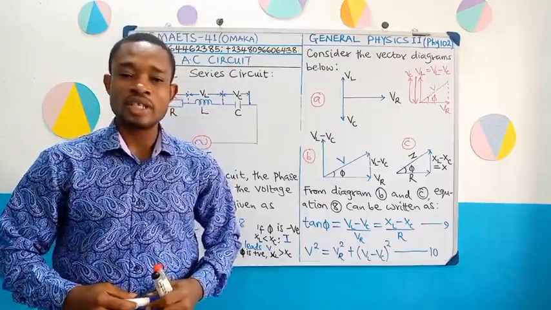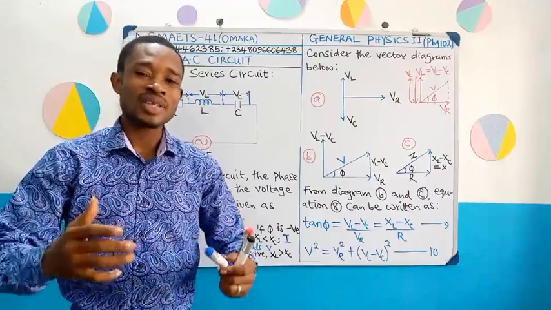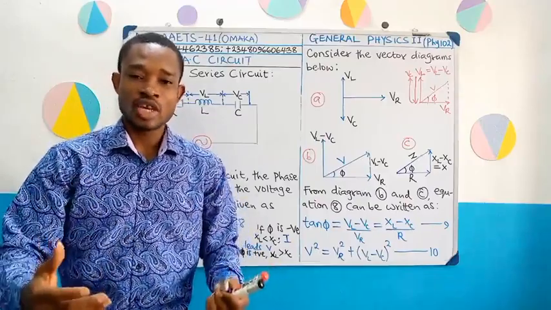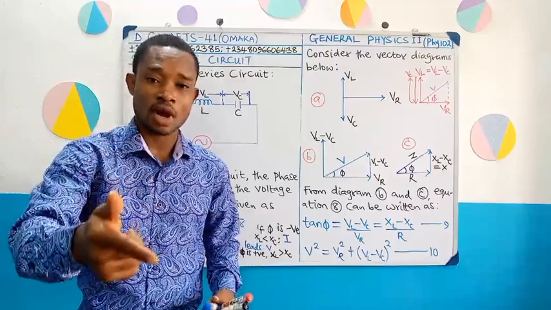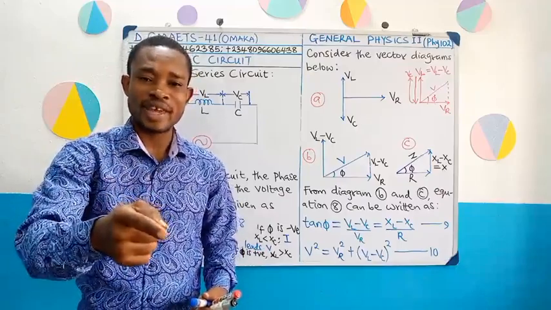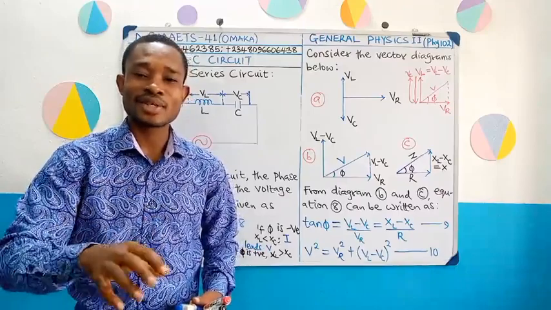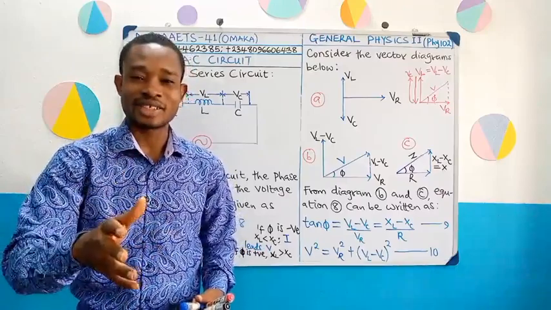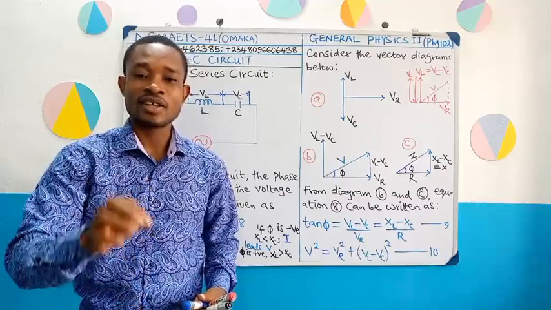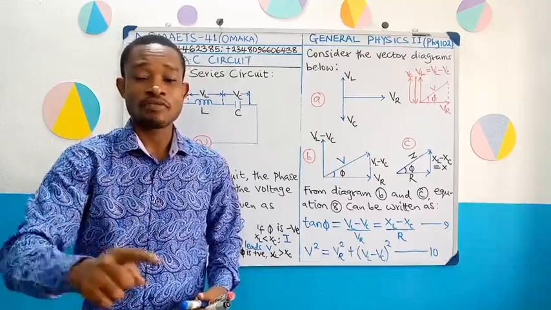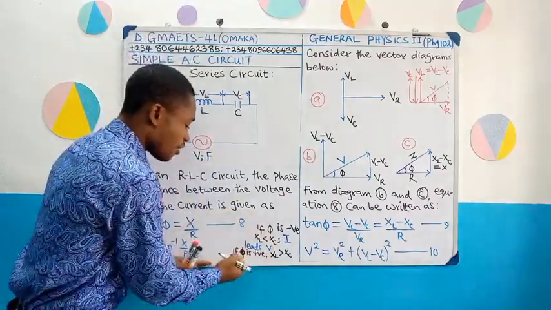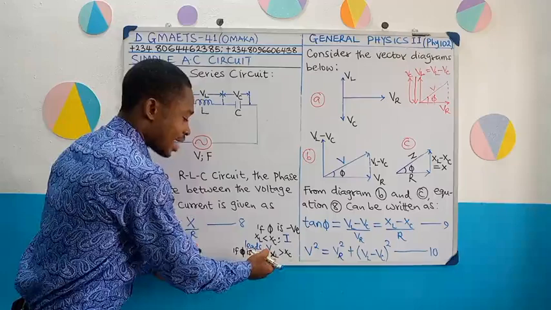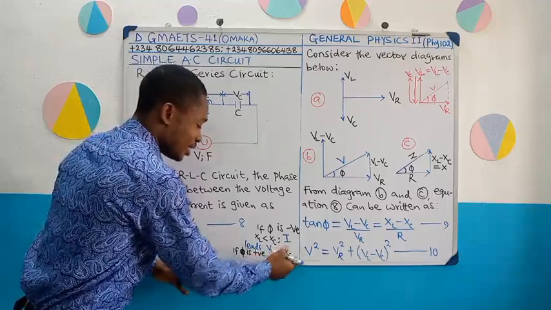And for the fact that it is more inductive, that simply means that current lags on voltage, and hence voltage leads current. That was what we explained when we treated an AC circuit containing only what? An inductor. I stated clearly there that current lags on voltage and voltage leads. So in the case where phi is positive, XL is greater than XC.